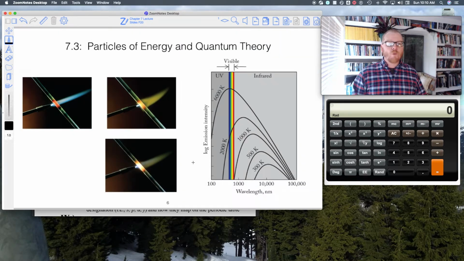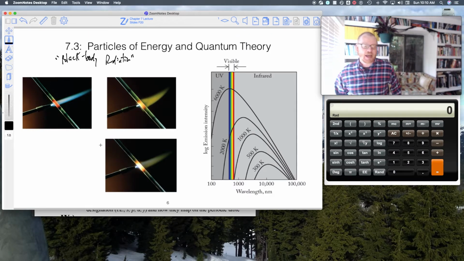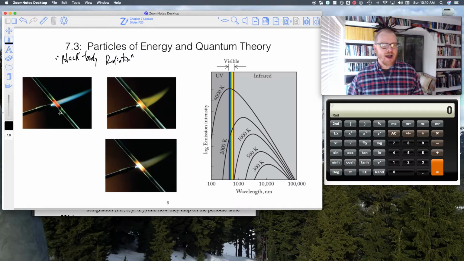So moving on, more photophysics to discuss here, okay? This is related to black body radiation. So imagine we take this metal rod, let's say, and this is probably an oxyacetylene torch, some crazy hot flame.